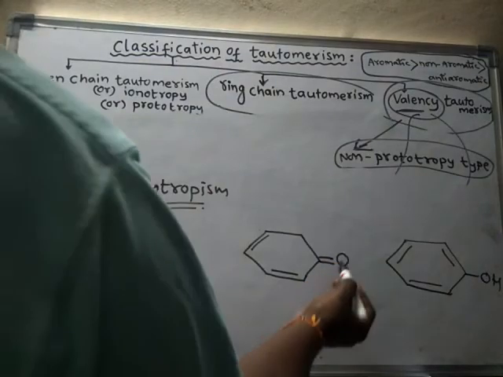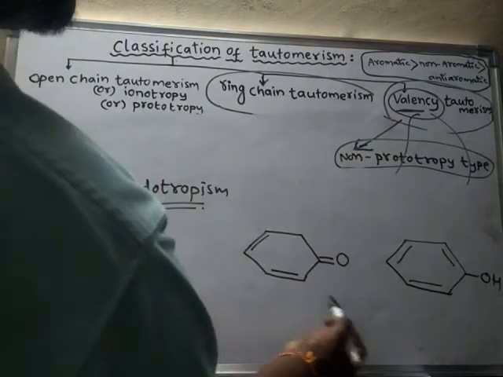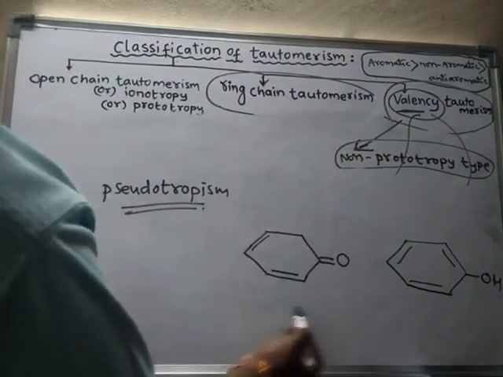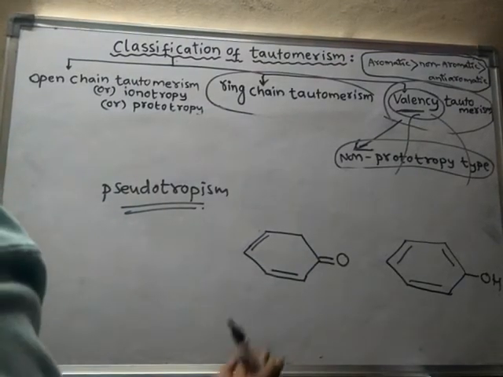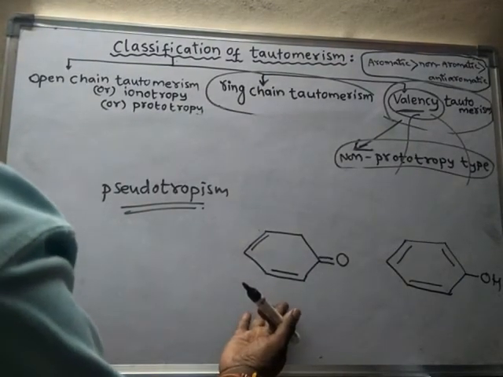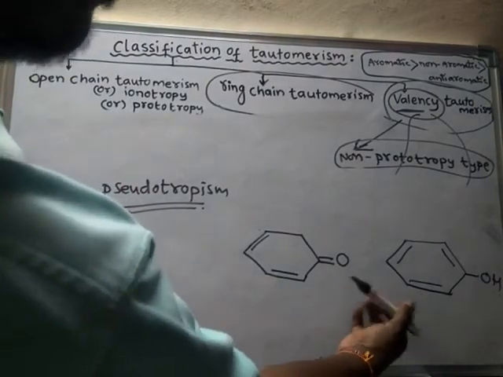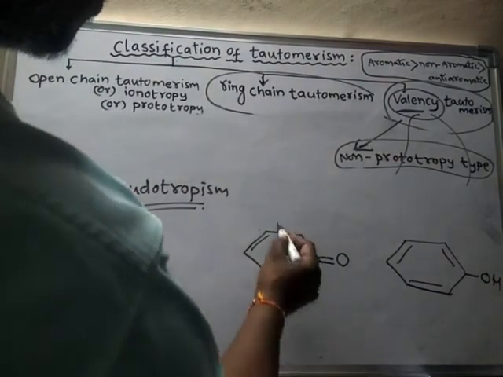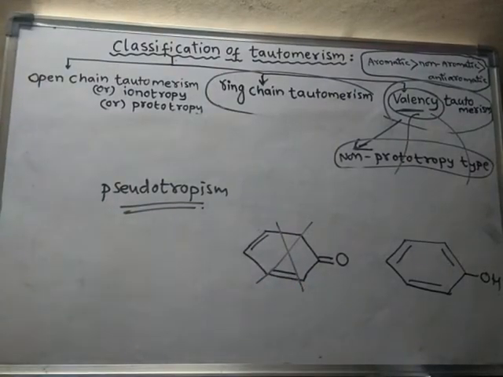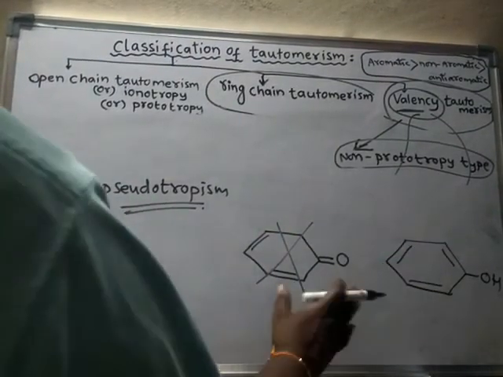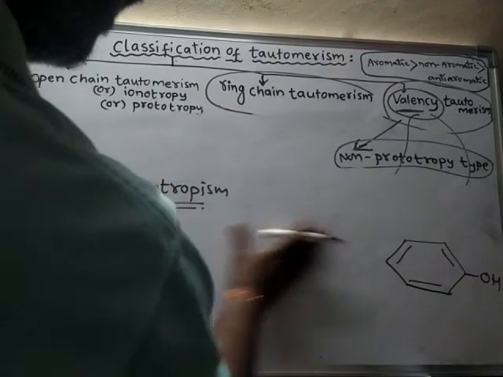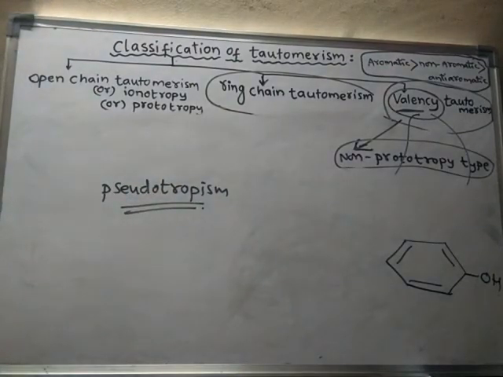So this compound immediately converts into this one, because this is anti-aromatic, very unstable, or else least stable. It is immediately converted into the most stable form, aromatic form. So it does not exist, and it never forms again.